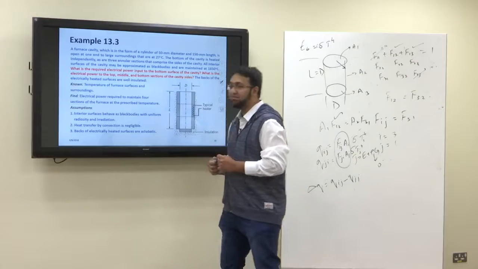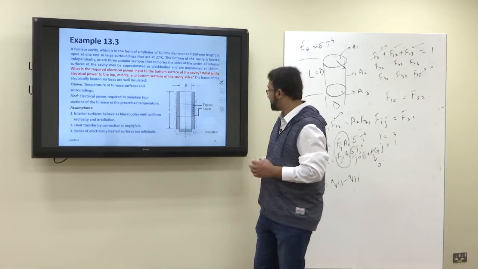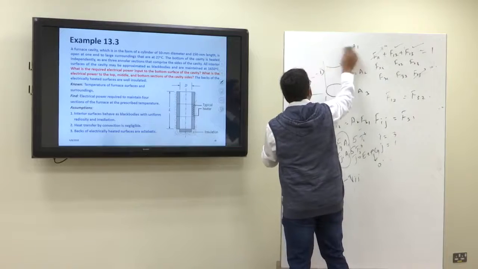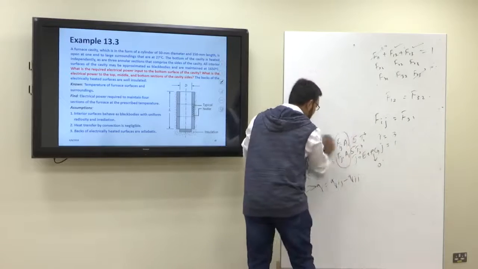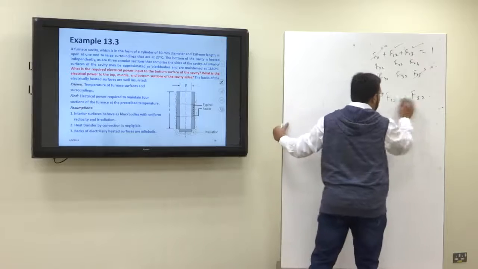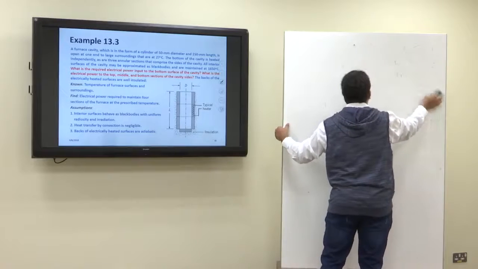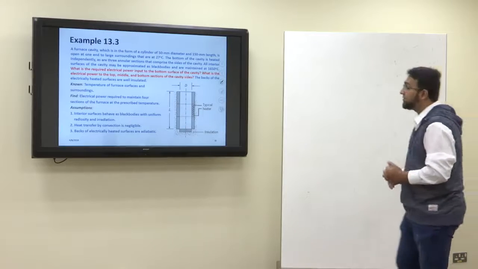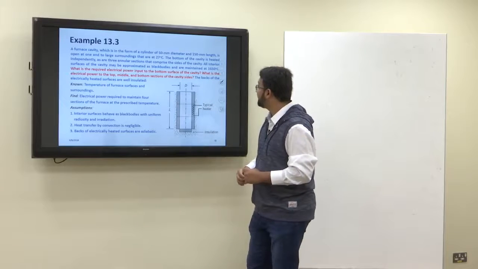We have a furnace cavity which is in the form of a cylinder, 50 millimeter diameter and 150 millimeter length.